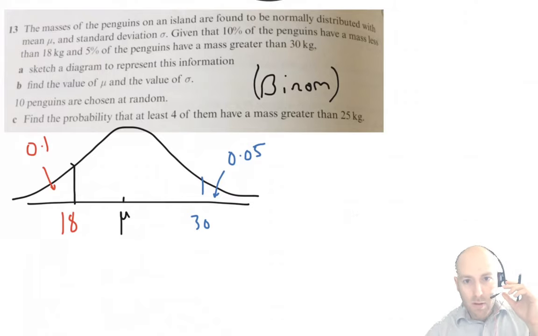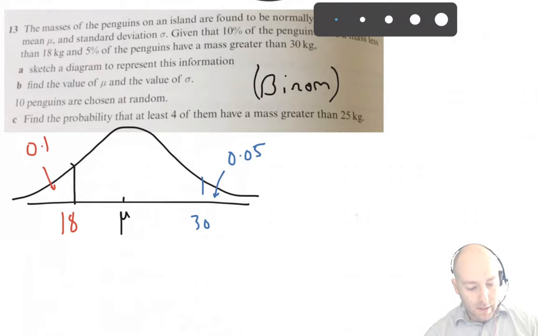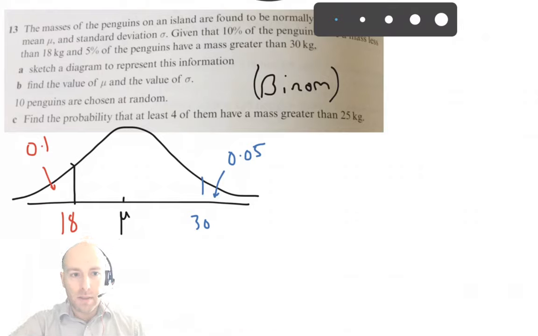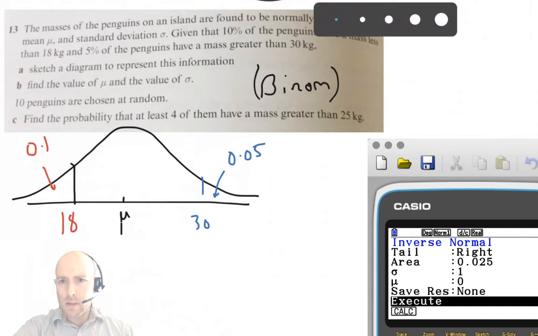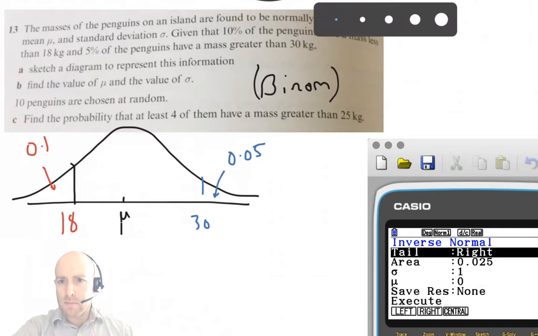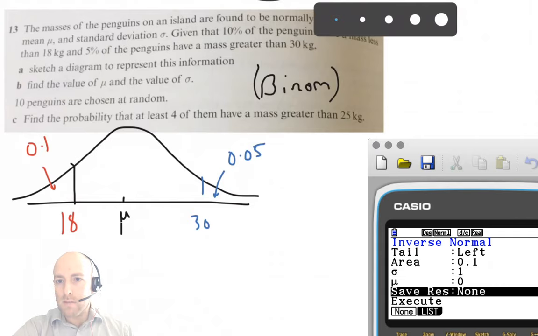Right, I'm going to start working on it. Hopefully you guys are close to finishing now anyway. So on the calculator, we're going to put 0.1 in as our probability. The tail is to the left, area 0.1, execute.